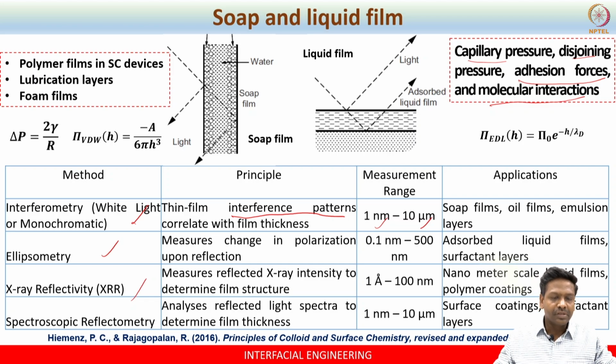This method of assessing the forces is very simple. How one can do it is, let us say you systematically conduct the coagulation study by adding salt at regular intervals.